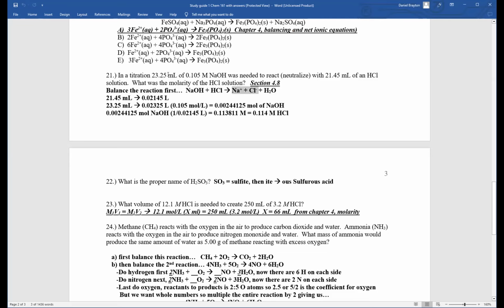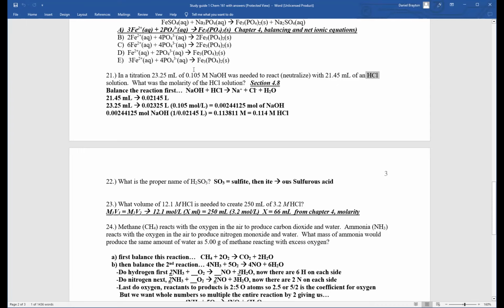So we know the volume and the molarity of the base. From that, we can find the moles, and we know that that's equal to the moles for the HCl. All right. It looks like the volumes are almost identical, 23.25 and then 21.45. So the concentration is going to be really close to 0.1. This one's a fill in the blank, but if it was a multiple choice, you could eliminate answers.